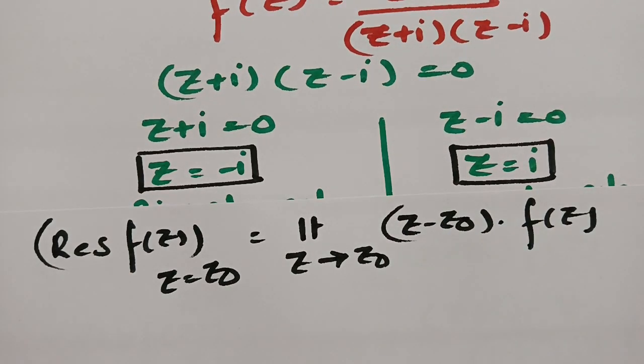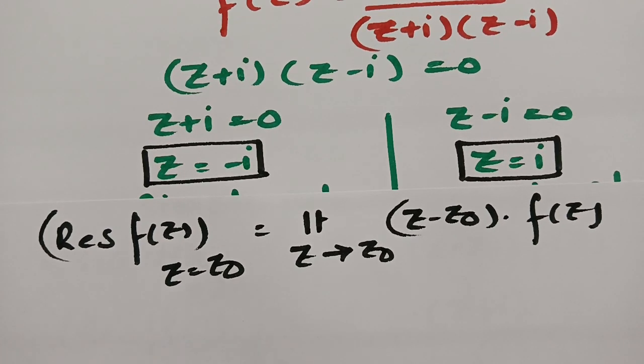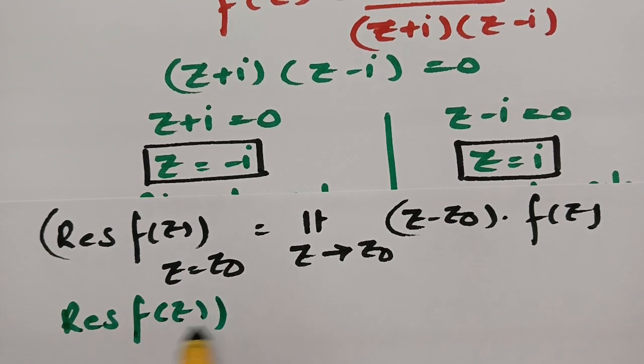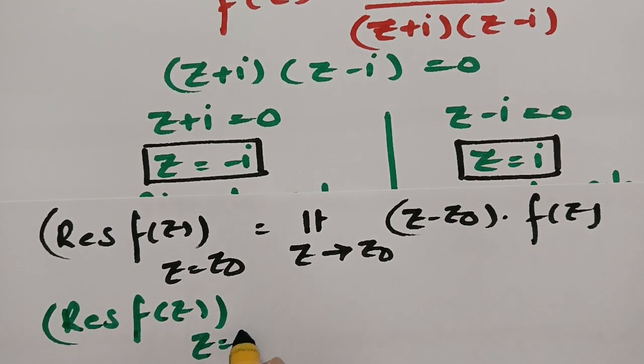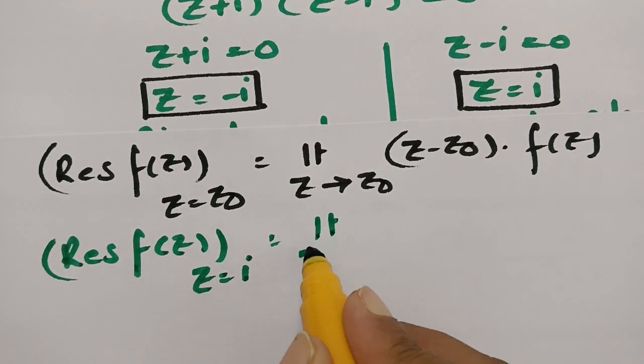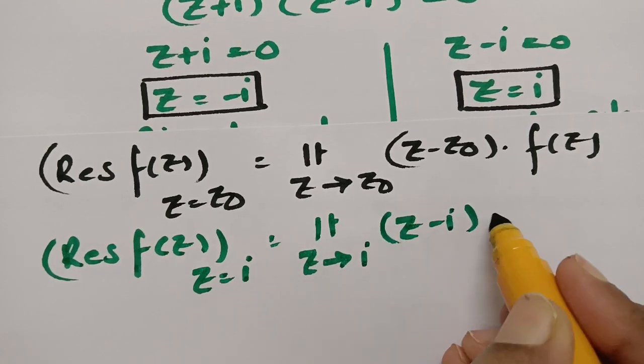Now I substitute z naught value as plus i. So this will be limit z tends to i of z minus i into f of z.